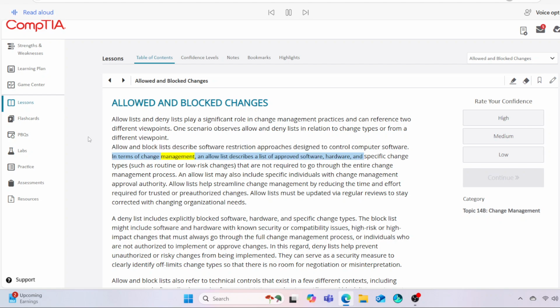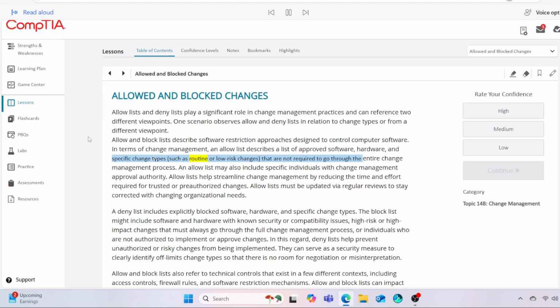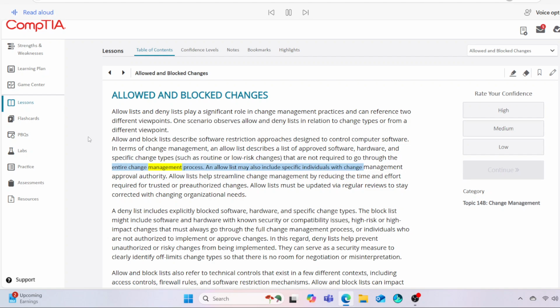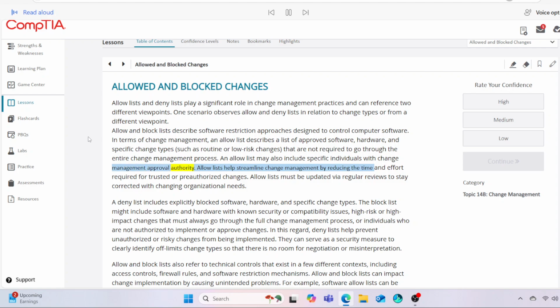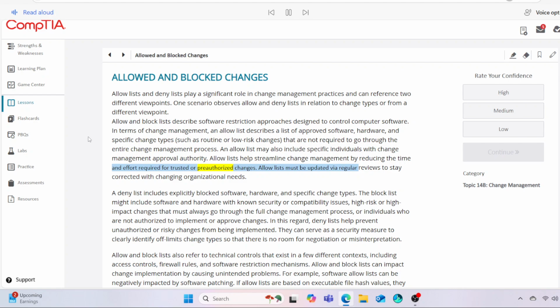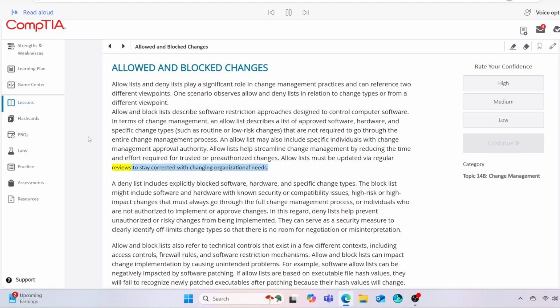In terms of change management, an allow list describes a list of approved software, hardware, and specific change types, such as routine or low-risk changes, that are not required to go through the entire change management process. An allow list may also include specific individuals with change management approval authority. Allow lists help streamline change management by reducing the time and effort required for trusted or pre-authorized changes. Allow lists must be updated via regular reviews to stay aligned with changing organizational needs.